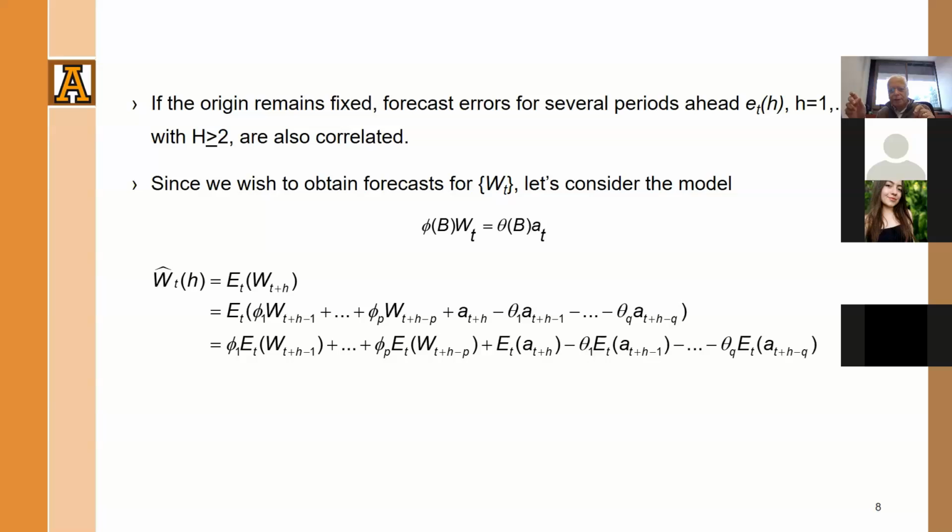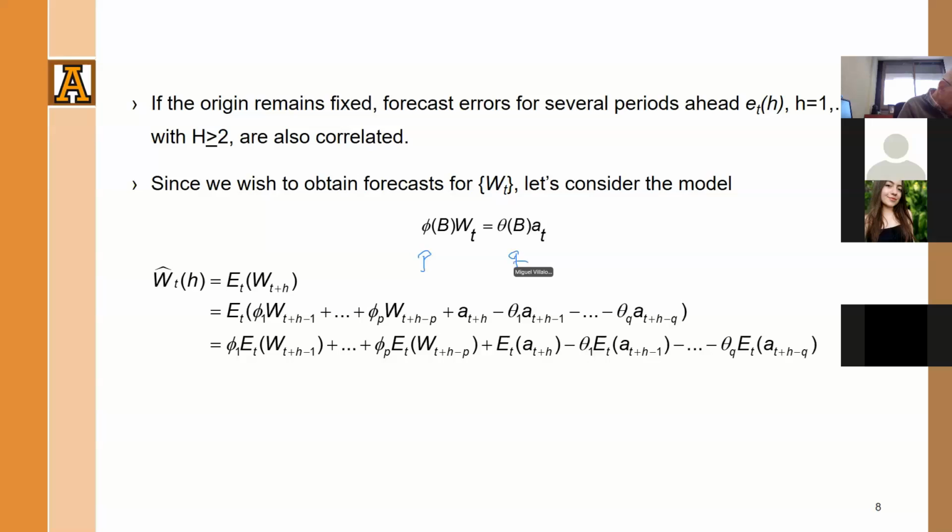We put everything on the right side, and we have phi 1 WT plus h minus 1 plus up to phi p WT plus h minus p plus AT plus h. Then come the moving average terms: minus theta 1 AT plus h minus 1, minus theta 2 AT plus h minus 2, and so on up to theta q AT plus h minus q, assuming the order of the autoregressive polynomial is p and the order of the moving average polynomial is q.